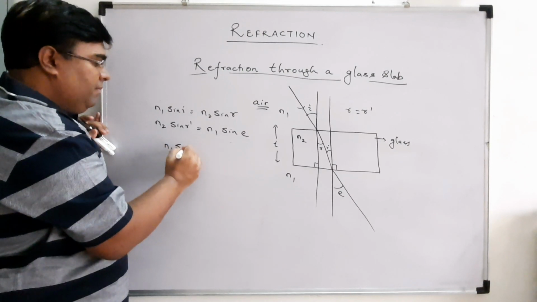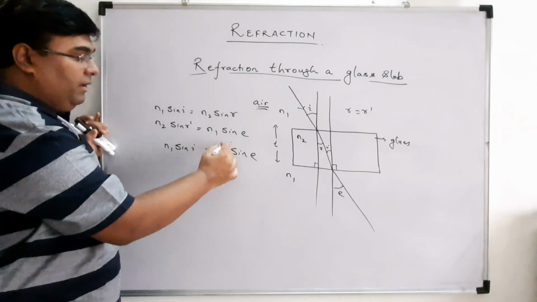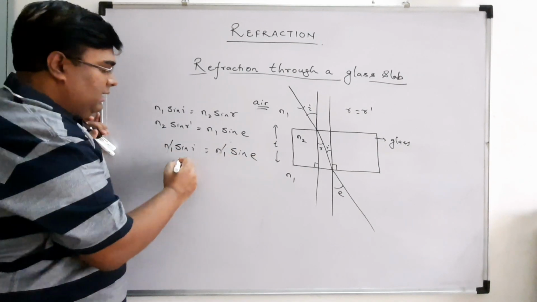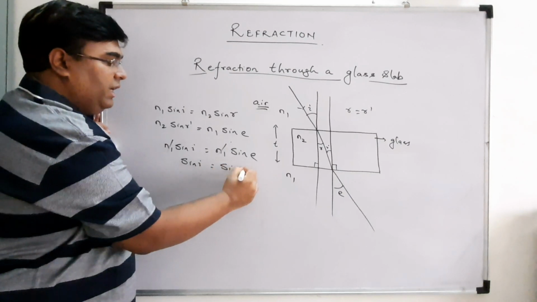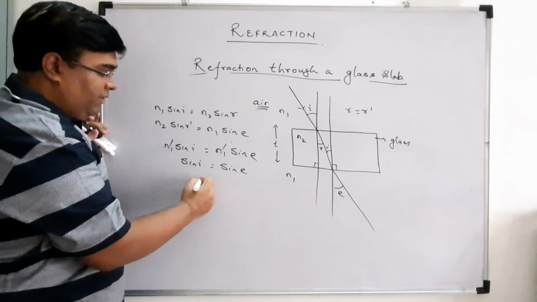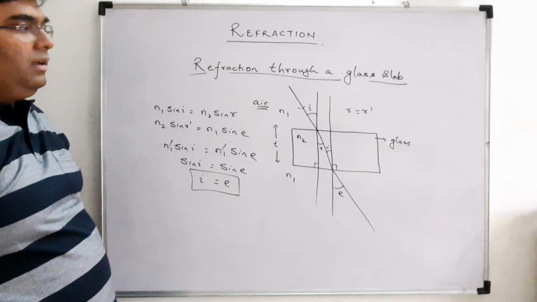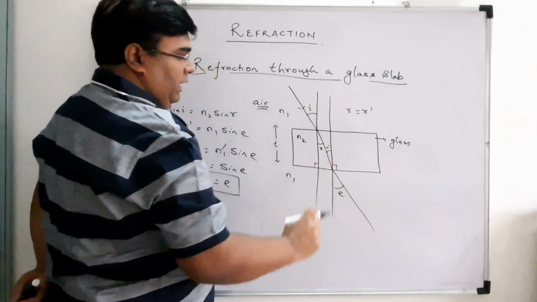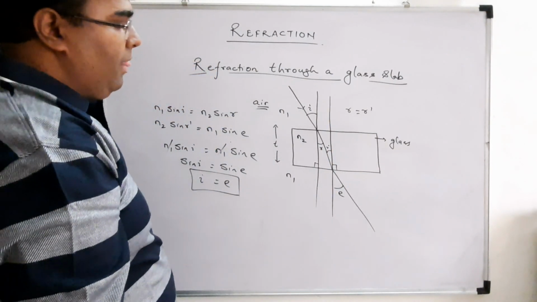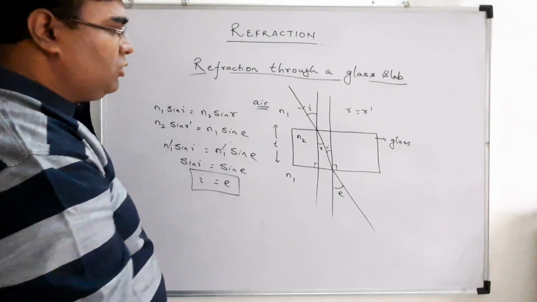N1 sine I will be equal to N1 sine E. N1 will get cancelled and sine I is equal to sine E, and from this we can conclude that I is equal to E. Now what is the meaning of this I is equal to E?